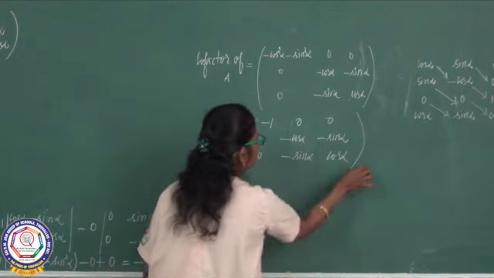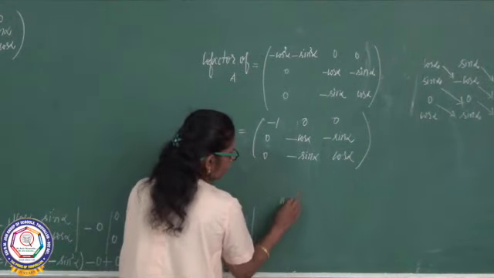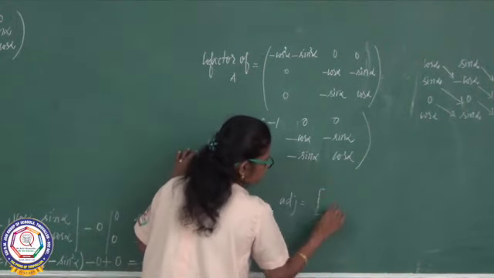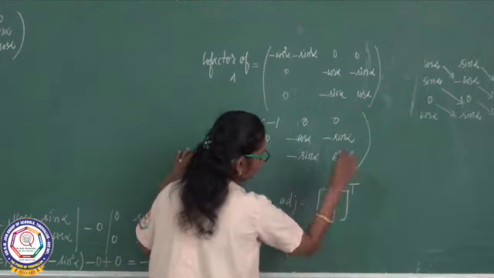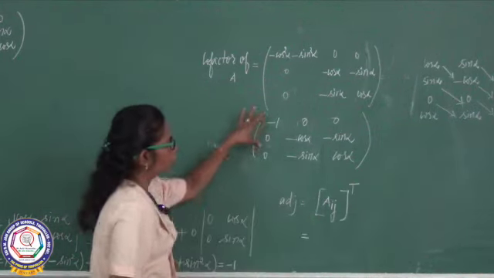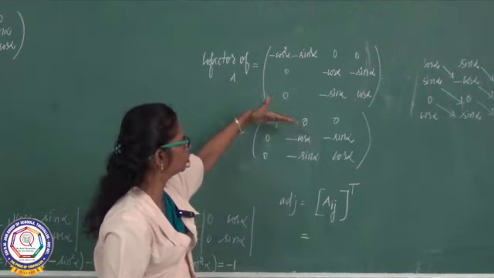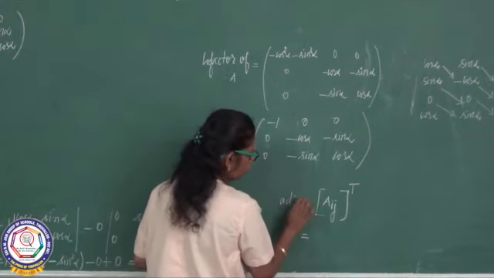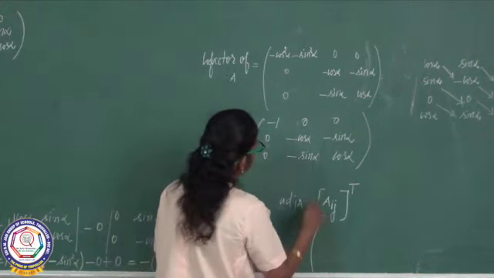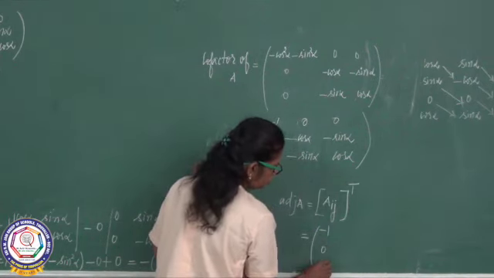You simplify and then find the adjoint. Adjoint of A, I told you, is the transpose of the cofactor of the matrix. Cofactor you found, now we are going to write its transpose. Transpose is nothing but rows become columns. So, adjoint of A equals minus 1, 0, 0.